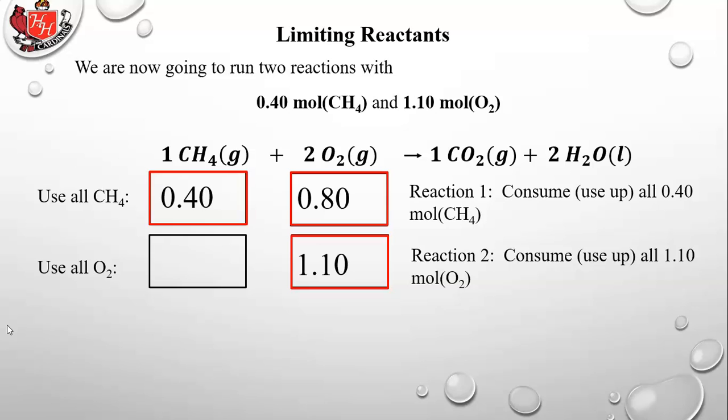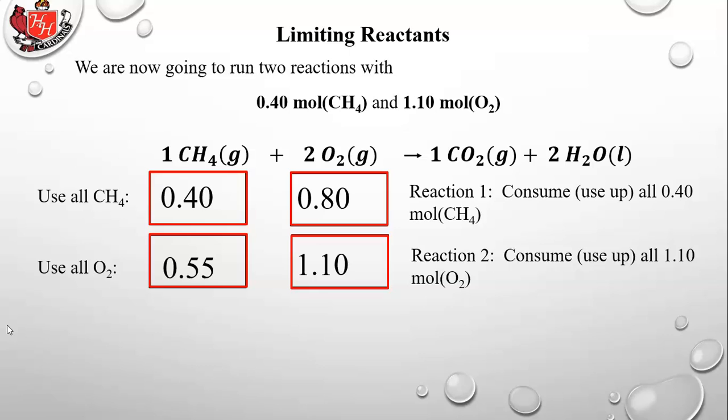Now, how many moles of CH4 would it take to use all 1.10 moles of O2? Well, again, it's a 2-to-1 relationship between O2 and CH4, or stated another way, you need half as many moles of CH4 as you have moles of O2. So half of 1.10 is going to be 0.55.